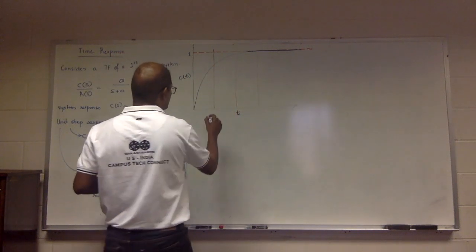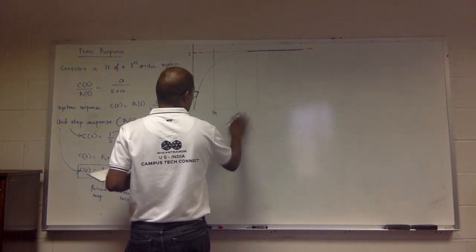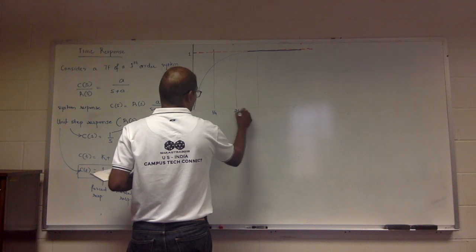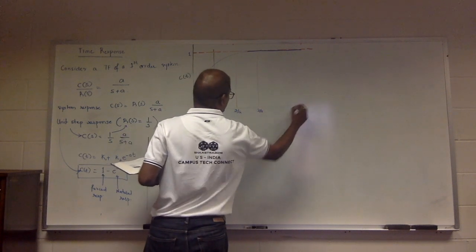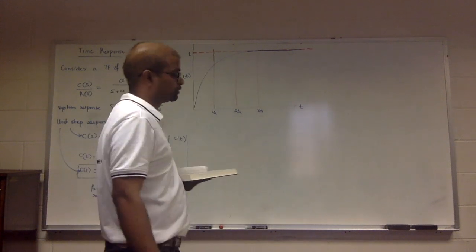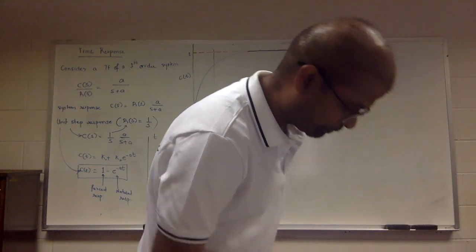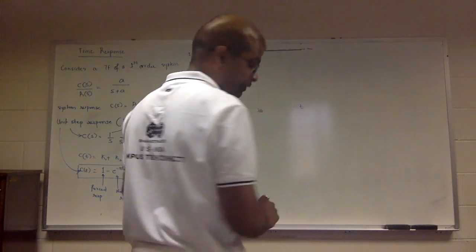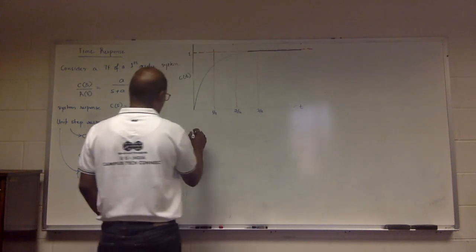So this is 1 over a, 2 over a, 3 over a, and so on. This is the time axis. This is the response axis. Now, we define certain performance parameters.